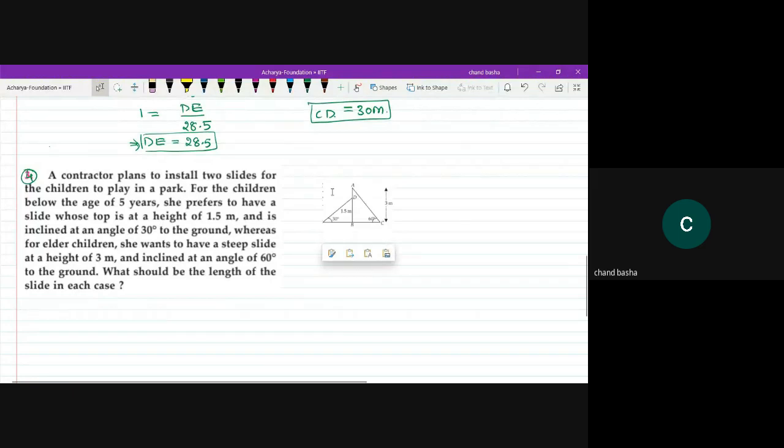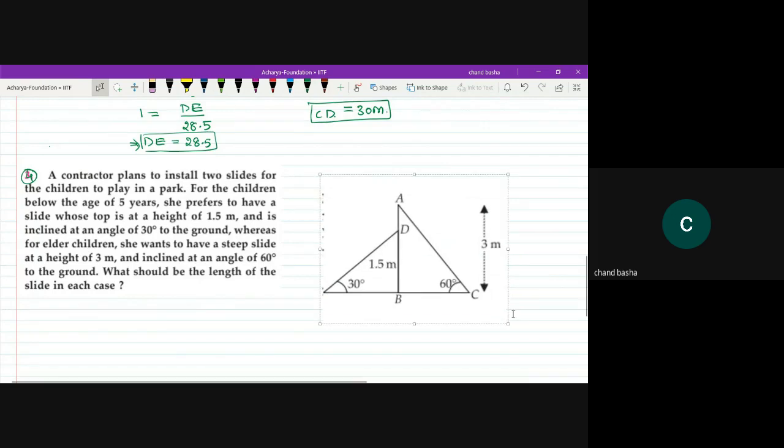So for your convenience, I'm taking the approximate diagram so that we can understand. This I'm taking as E. Now what he's asking is AC and DE values, that is H1 and H2.